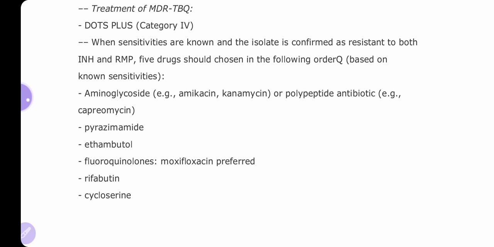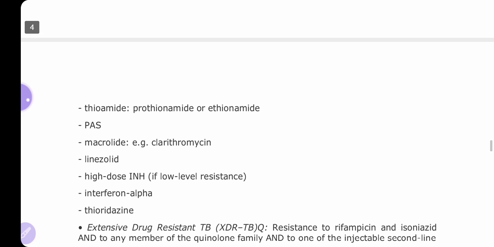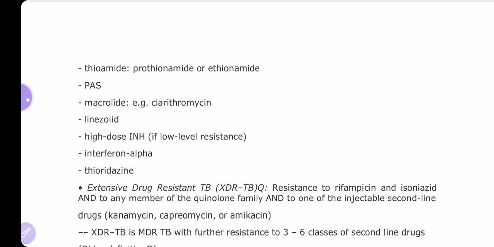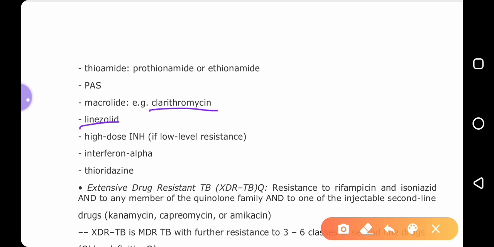Then fluoroquinolone group is used, that is moxifloxacin is preferred, and cycloserine like drugs are used. Then thioamides, prothionamide and ethionamide. Then PAS, macrolide, that is clarithromycin, you should know this also, clarithromycin, linezolid, and high dose of isoniazid. If the resistance level is low, then isoniazid can be used in high doses.